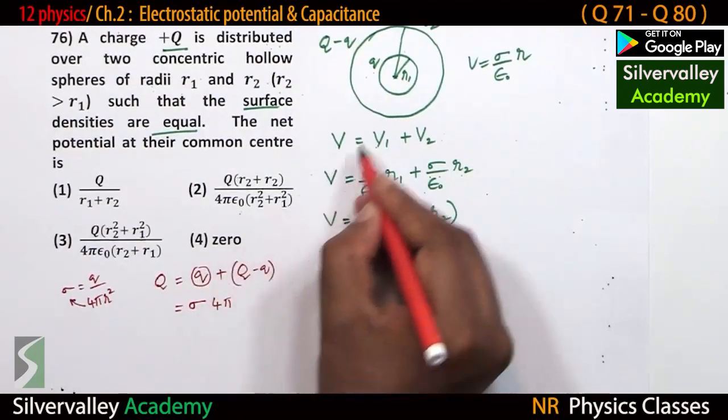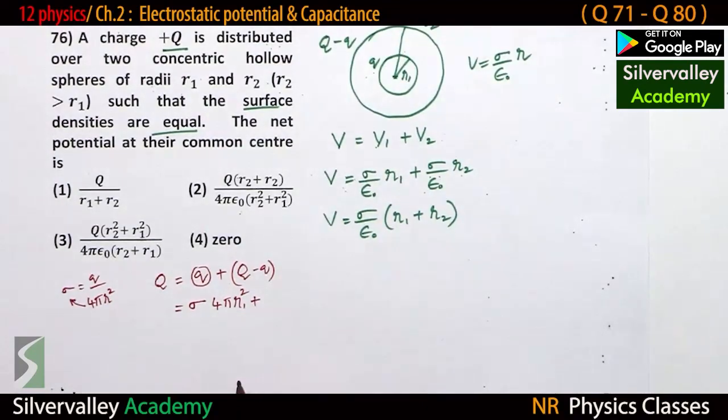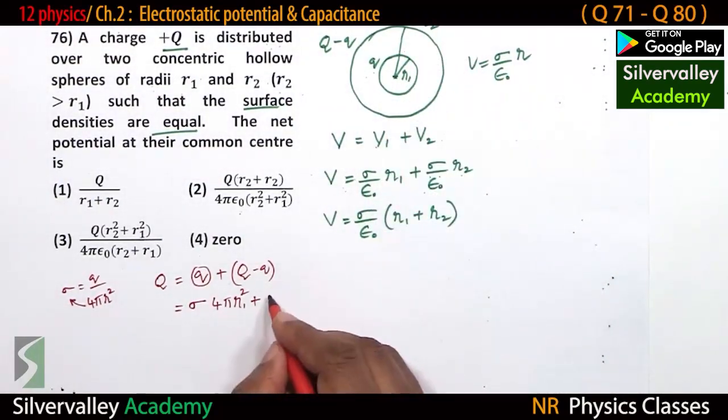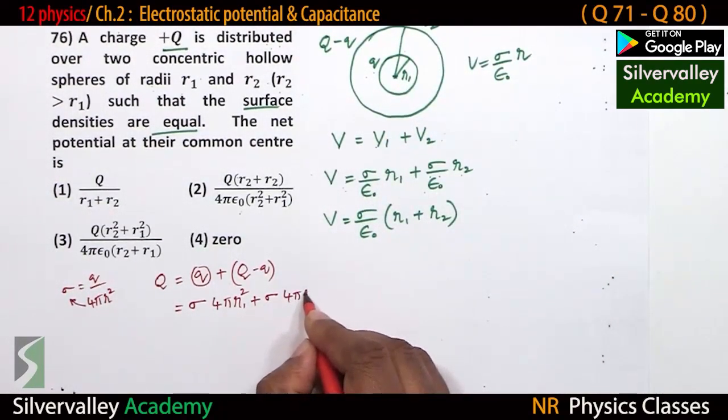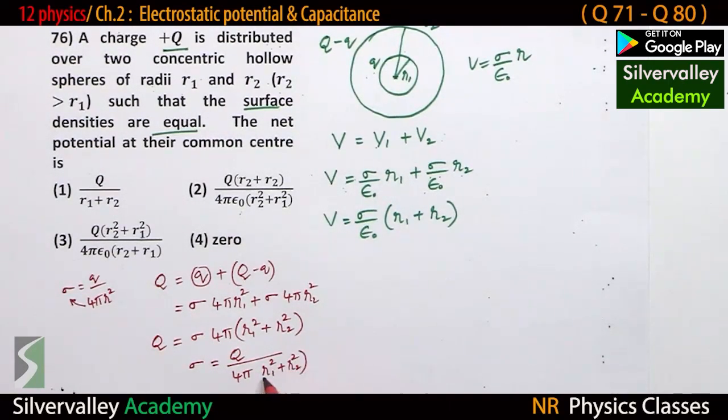This charge is found on the inner sphere, therefore sigma into 4 pi R1 square, plus this charge found on the outer sphere, sigma into 4 pi R2 square. So with common factor sigma 4 pi, the total charge Q is sigma 4 pi times R1 square plus R2 square. So sigma is Q by 4 pi times R1 square plus R2 square.